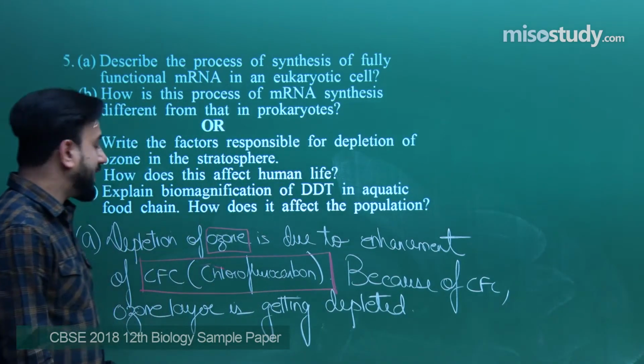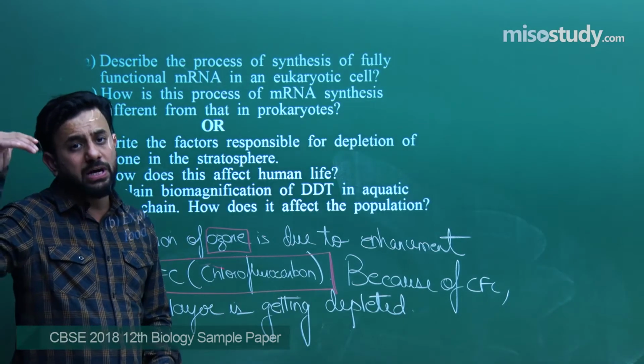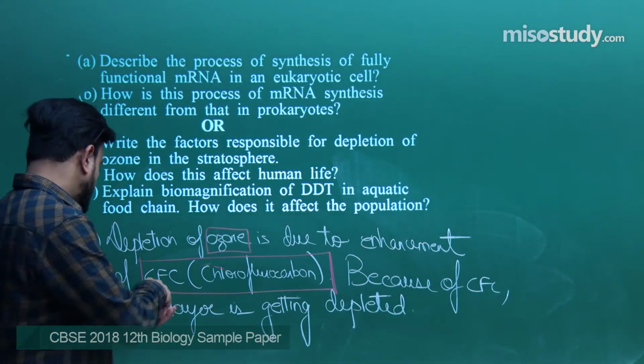And if the ozone layer is getting depleted, what will happen? The ultraviolet rays from the top will directly affect us.